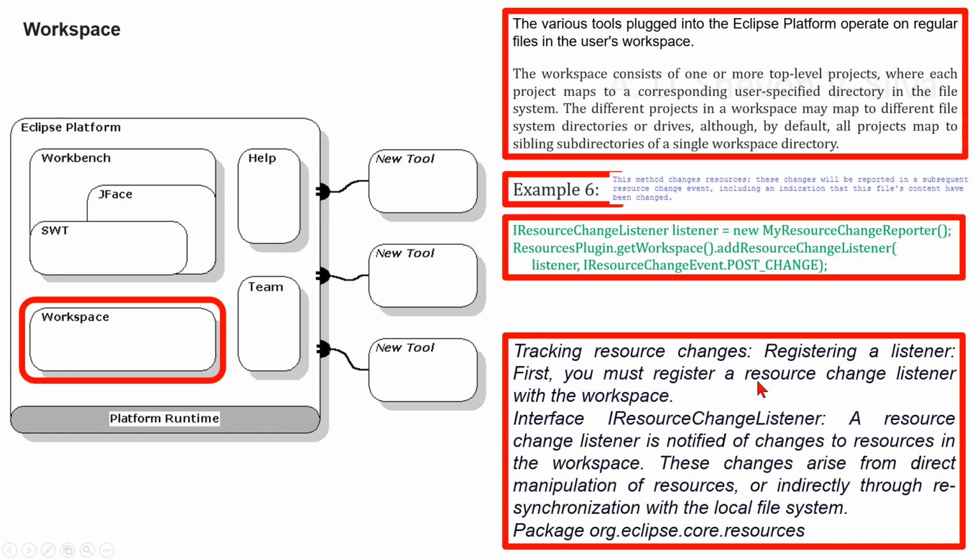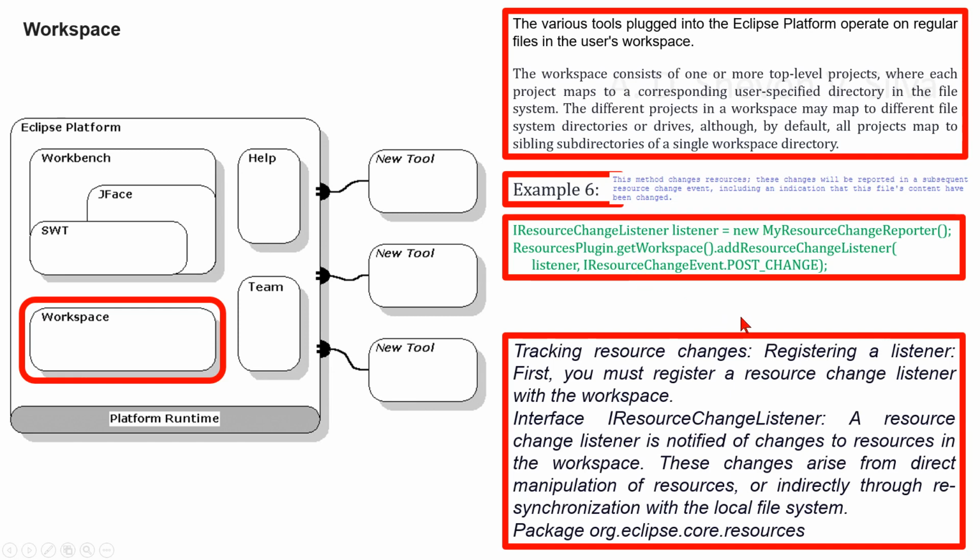Your listener will be notified after modifications to the workspace resources have been made. Resource API methods that modify the resources trigger these events as part of their documented behavior. The method comment for the resource API method explicitly states whether or not it triggers a resource change event.